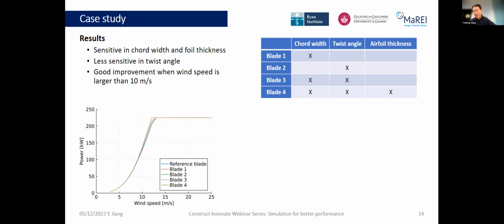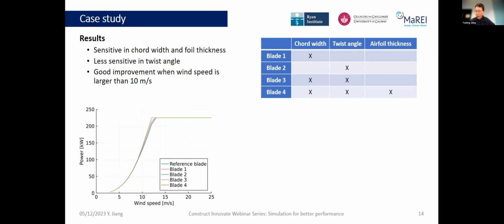A second observation is that when the wind speed is higher, say larger than 10 meters per second, there is a good improvement in the power production, while for low wind speeds, there is less improvement. That's a result just from the power curve.